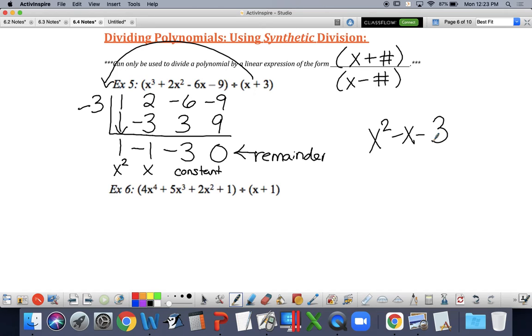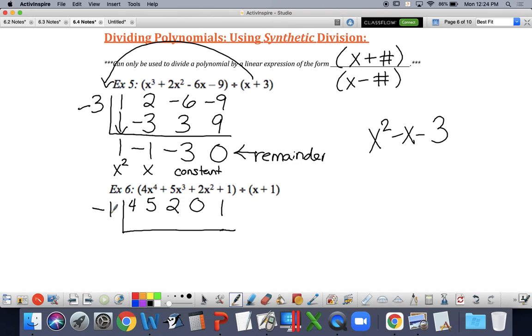All right, let's try the shortcut. We're dividing by x plus 1, so we can do the exact same thing down here. Am I missing any coefficients? Yes, x. So I've got 4, 5, 2, 0, 1. And the number that I put on the outside here is -1.